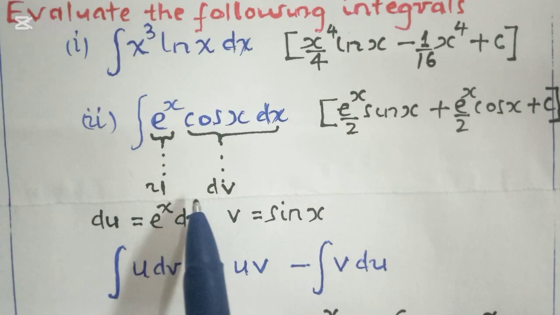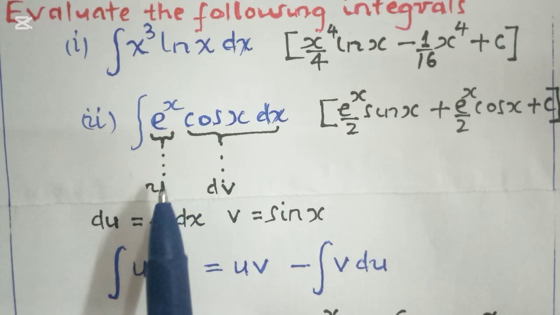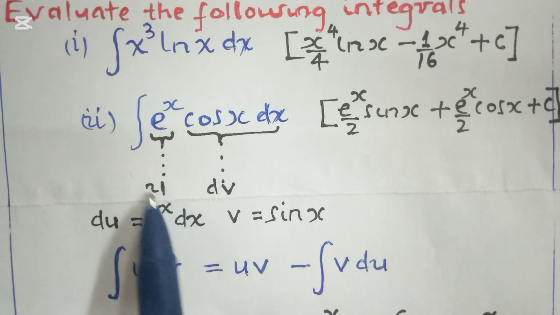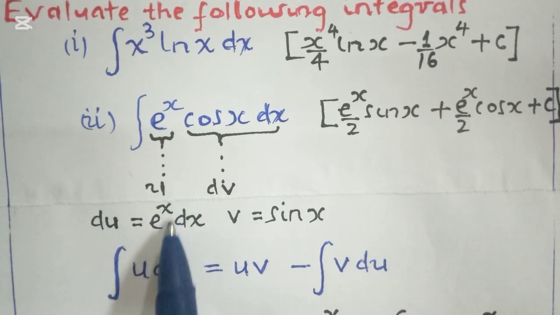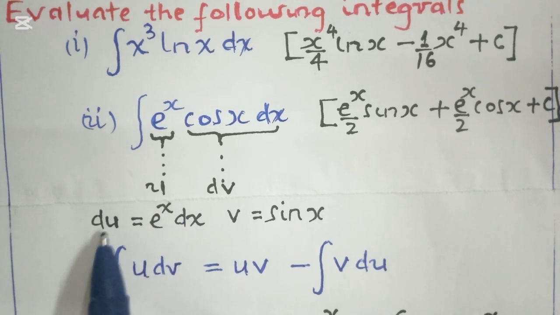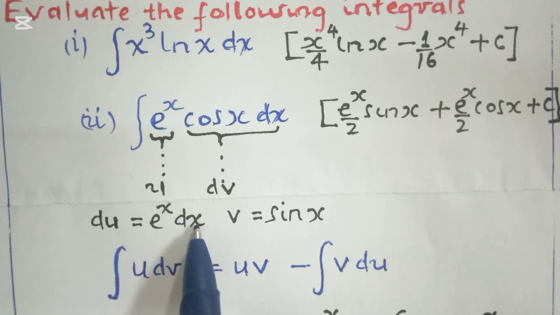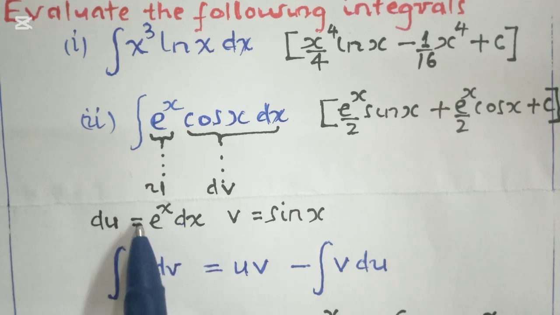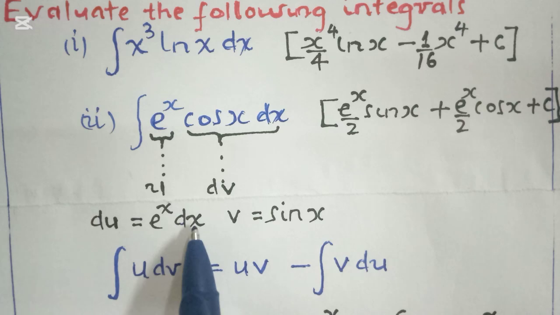From there, guys, we differentiate the u. When we differentiate it, it will still remain the same, e raised to x. Here we say du over dx, but instead of putting dx on this side, we put it here. So we'll have du is equal to e raised to x dx.